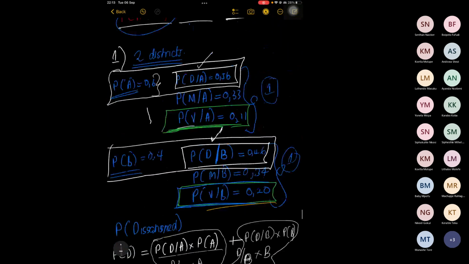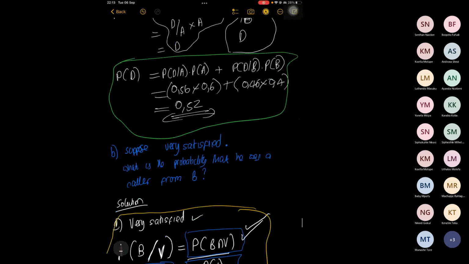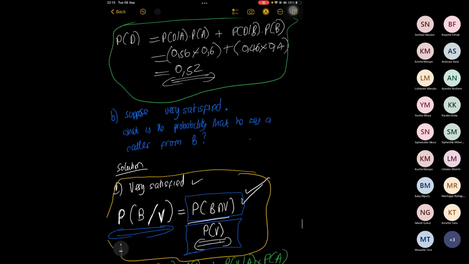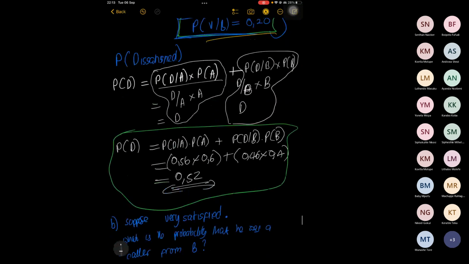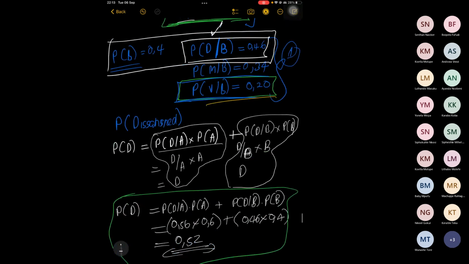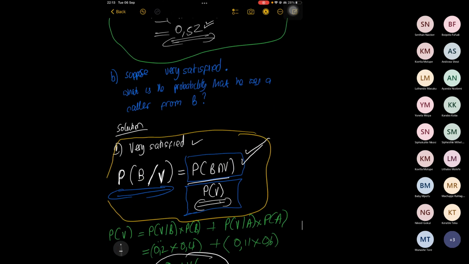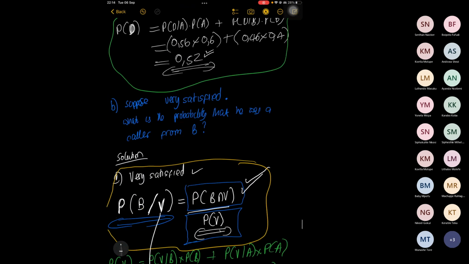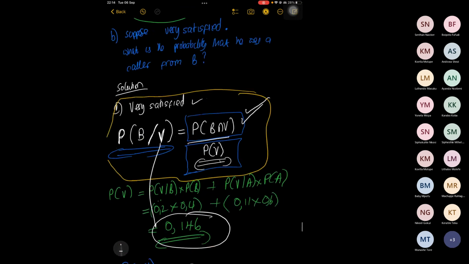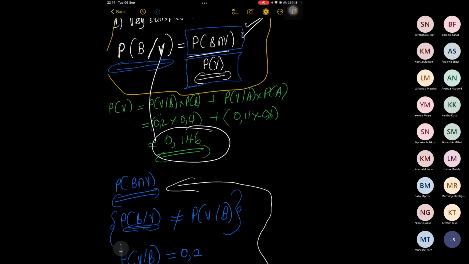For the first question, he was asking us to calculate the probability of being dissatisfied. Then we got 0.52. But now when we did our computation here, the numerator was the probability of V, which is very satisfied. So we had to do a similar calculation to the one that we did here. But now we are more concerned about being very satisfied.